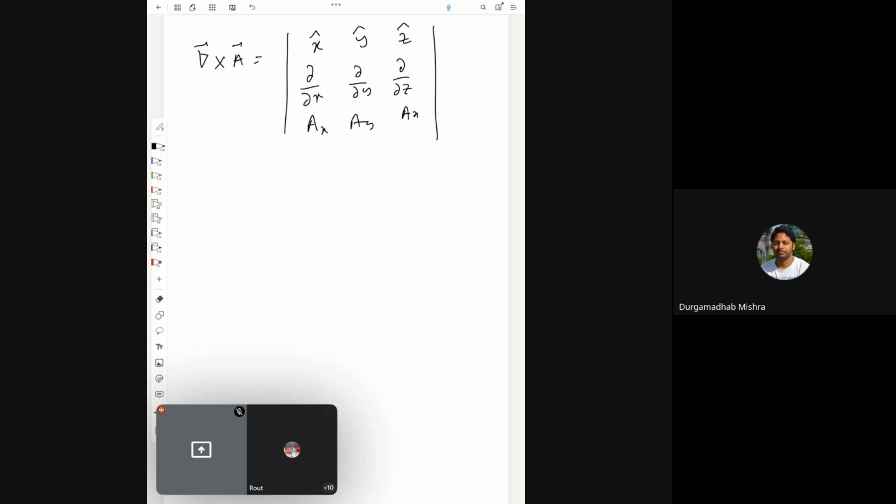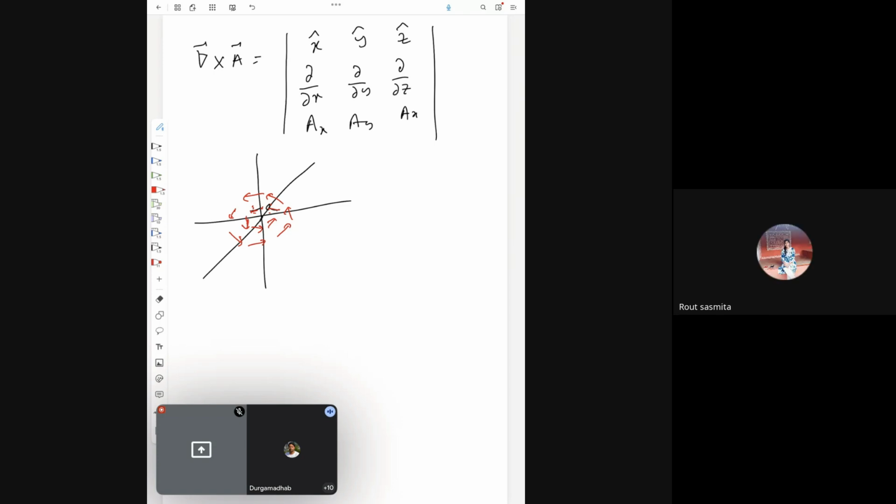So this is what a curl represents. If I draw an axis, something like this, and draw my vector, there is a rotation of the vector about a certain axis. That means I will have a finite curl. There is similarly a mathematical interpretation as well as a geometrical one.